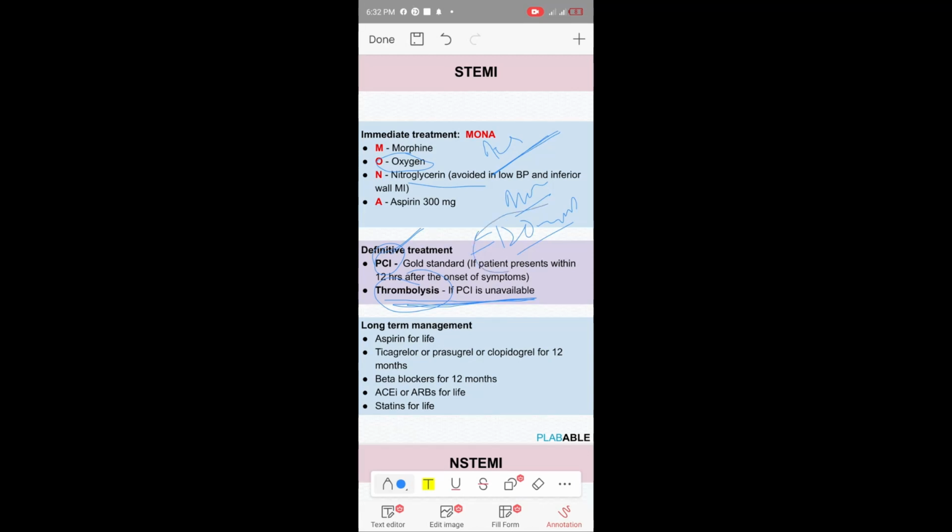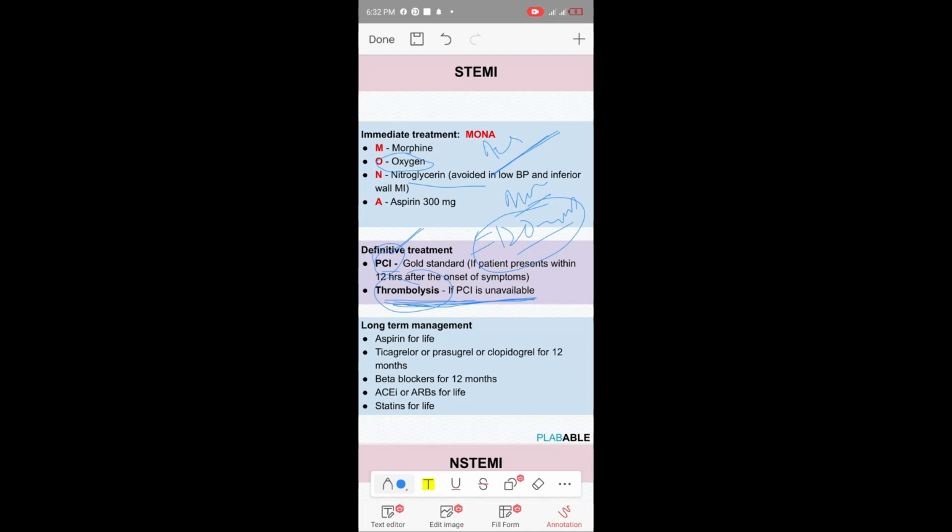Now, what is the concept of this 120 minutes? Say, for example, I'm working in a hospital where there is no PCI available, but there is thrombolysis. The patient comes to me with chest pain, and looking at the ECG, I'm sure that it's STEMI.